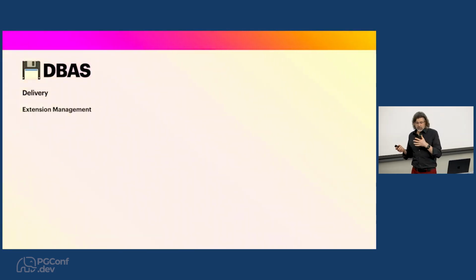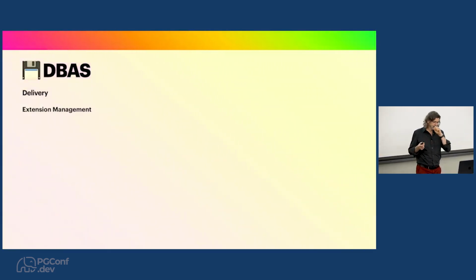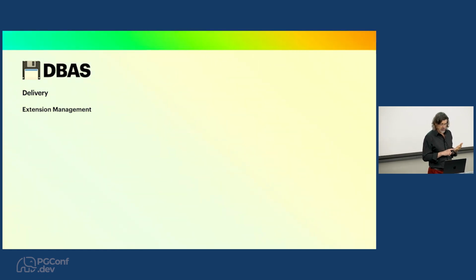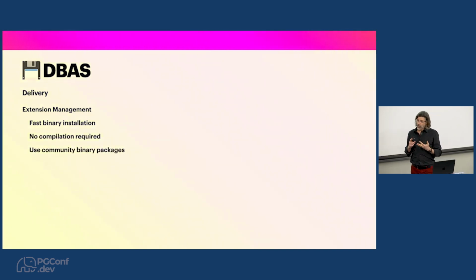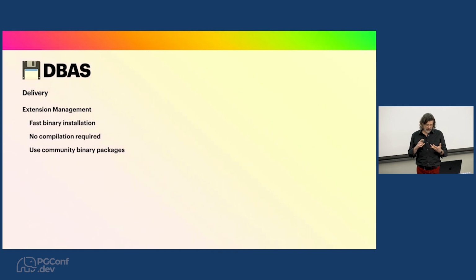So some things to think about for database administrators that we want to build to help integrate them into the system is extension management tooling for things like fast binary installation that requires no compilation, so they don't have to necessarily build their own packages. They don't necessarily have to install a compiler on their production servers.